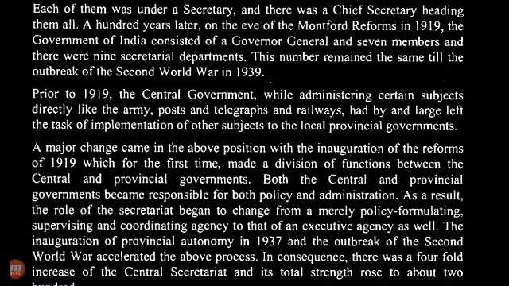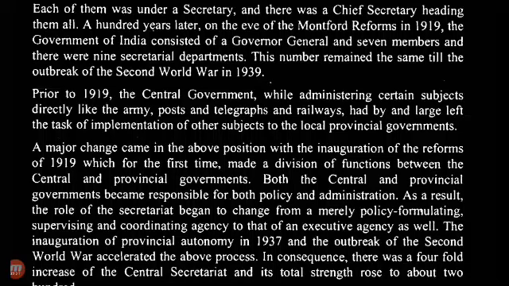This number remained the same till the outbreak of the Second World War in 1939. Prior to 1919, the central government, while administering certain subjects directly like the army, posts and telegraphs and railways, had by and large left the task of implementation of other subjects to the local provincial governments.